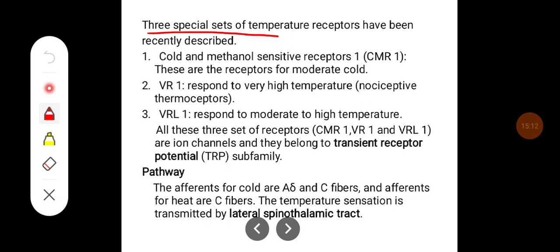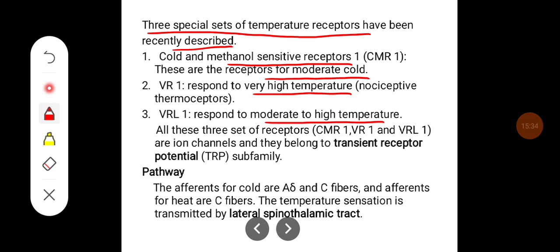Three special sets of temperature receptors have been recently described: cold and menthol sensitive receptor 1, that is CMR1, which is the receptor for moderate cold. VR1 responds to very high temperature, that is, it is also a nociceptive thermoreceptor. VRL1 responds to moderate to high temperature.